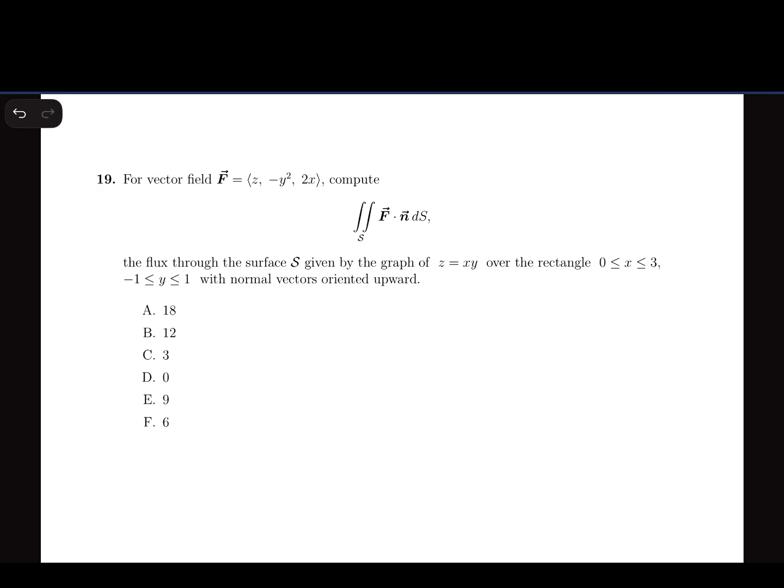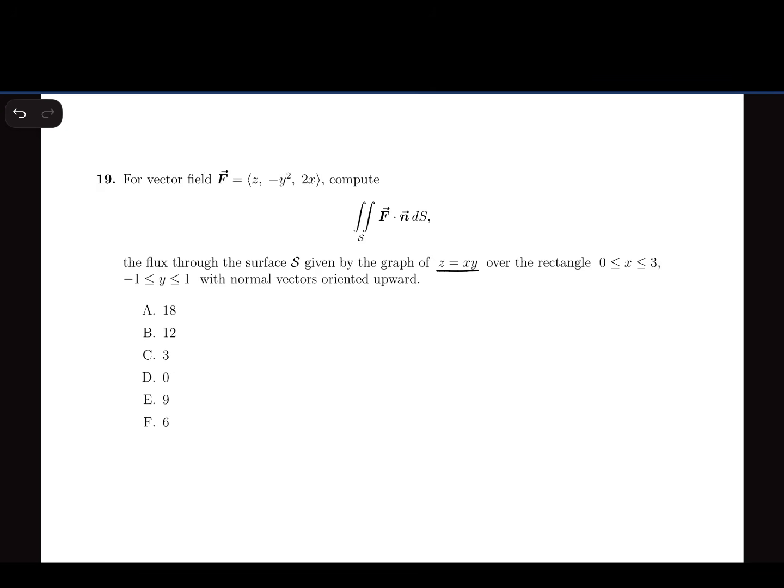Now, what I notice is that this question is really good at putting a whole lot of words and confusing people, but I'll try to simplify it down. Flux basically measures how much of a field passes through a surface. So for a surface like this, where z is equal to xy, the flux is simply just the double integral of the dot product between that field and the normal vector.